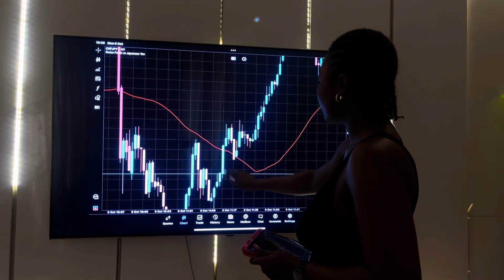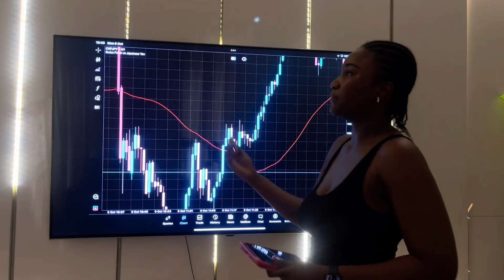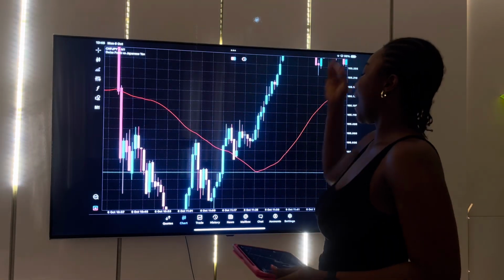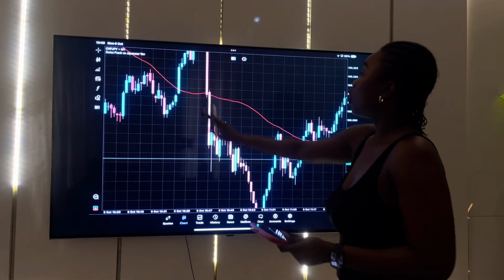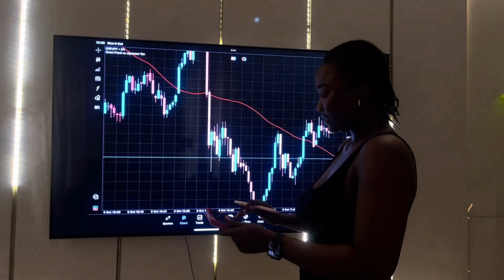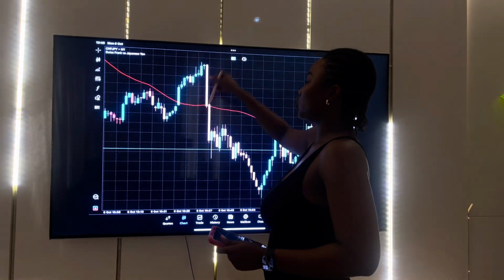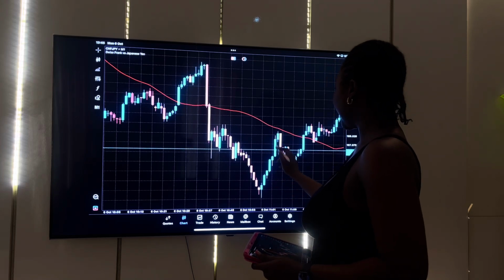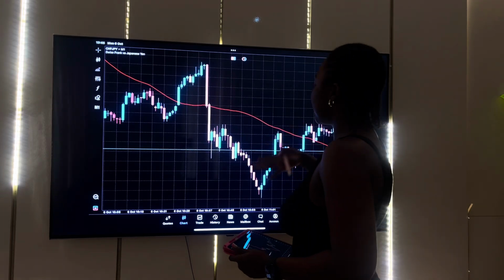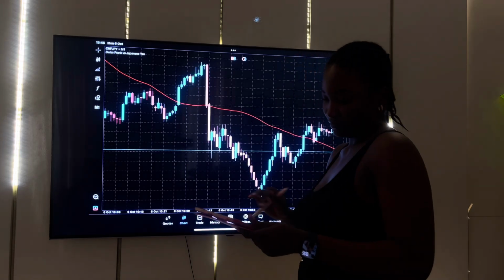It means that the buyers are in the market, so the price is likely to move higher. See it, long red candle, which means bearish movements, which means there are more selling pressures in the market. Bigger green candles mean people are buying, while red ones mean people are selling.